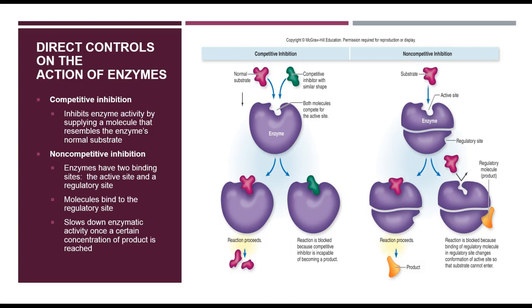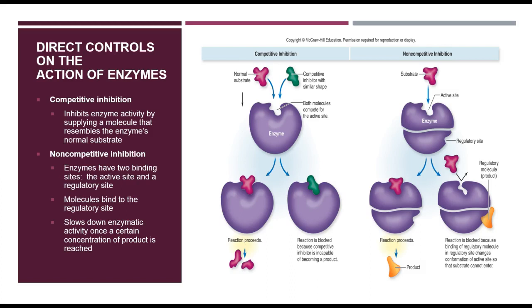There is also non-competitive inhibition, where an enzyme might have two bonding sites, an active site and a regulatory site. As long as the regulatory site is free, the normal substrate can bond to the active site and the reaction proceeds as normal.